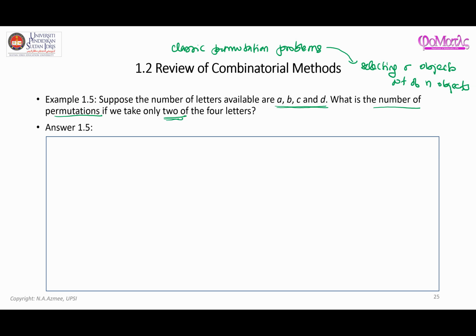And I'm sure you do remember some of the permutation formula that you have learned in school, but right now I'm just going to illustrate to you how we can use the basic counting principle which you have seen in theorem 1.1.